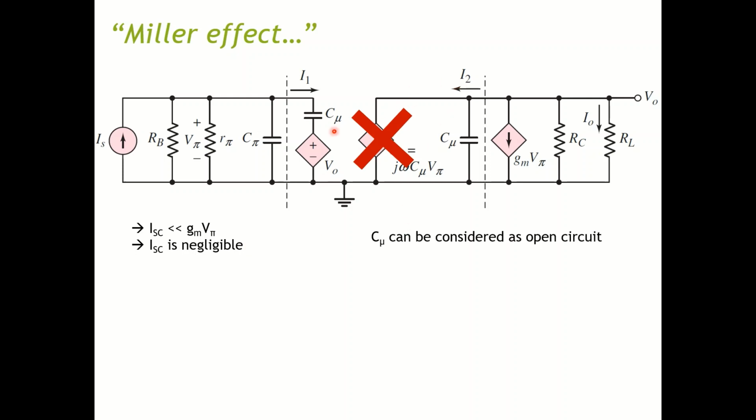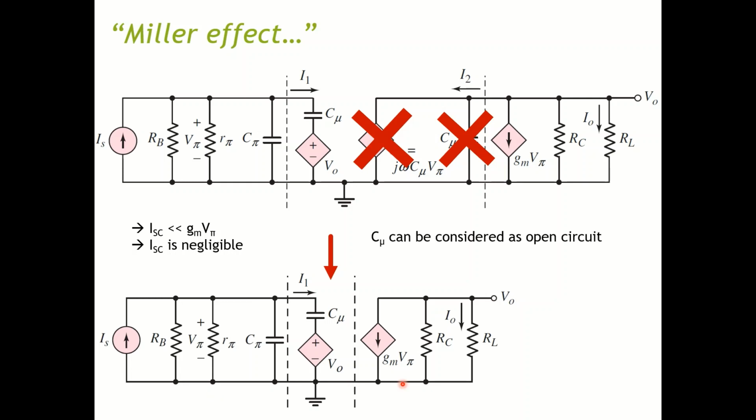Therefore, we can remove this dependent current source. The second thing that we learn is for typical operational frequency, C mu can be considered as open circuit. Therefore, we can remove this C mu in here. So now our equivalent model is further simplified to this.